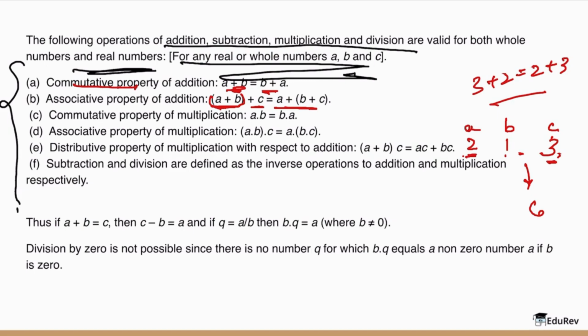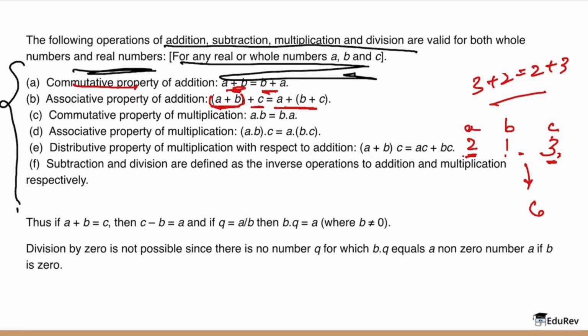And the commutative property of multiplication says that A into B is nothing but B into A. 3 2s are 6, which means when I multiply 3 by 2, my answer is going to be 6. And if I multiply 2 with 3, then my answer is also going to be 6.